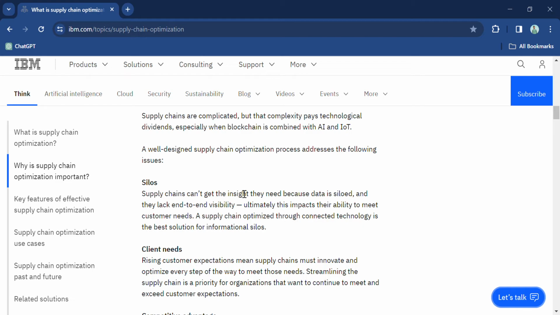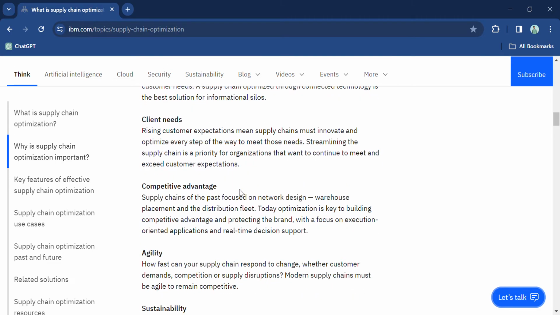Silos. Supply chains can't get the insights they need because data is siloed and they lack end-to-end visibility. Ultimately, this impacts their ability to meet customer needs. A supply chain optimized through connected technology is the best solution for informational silos.